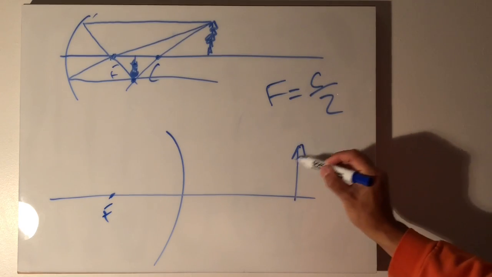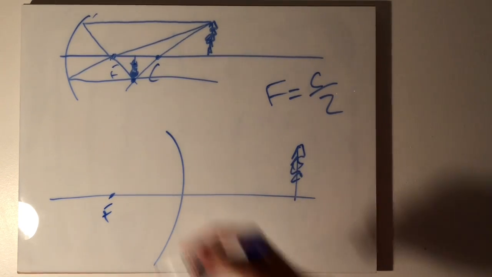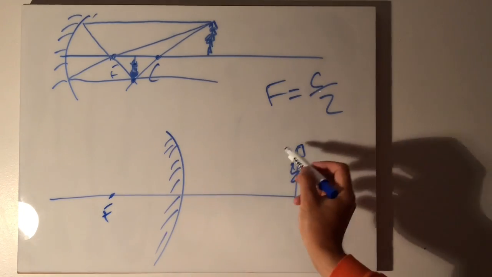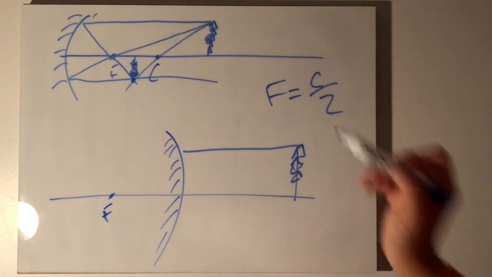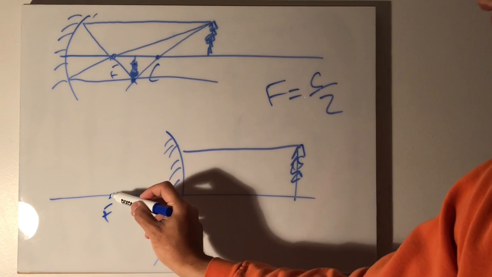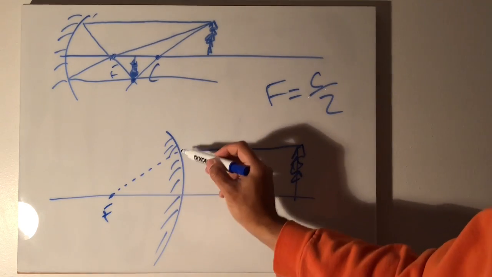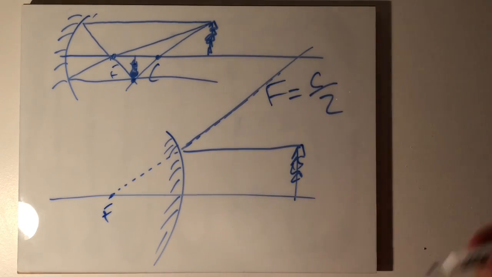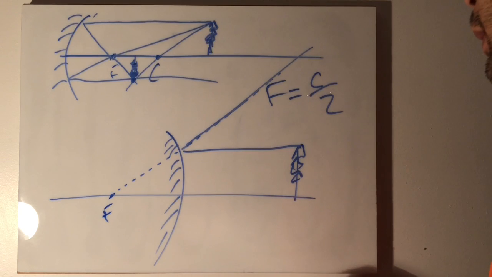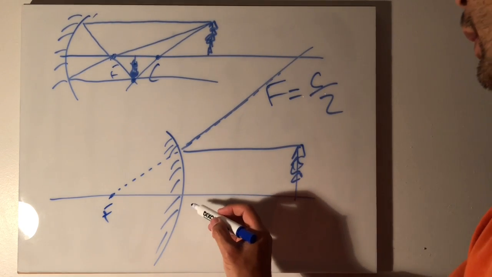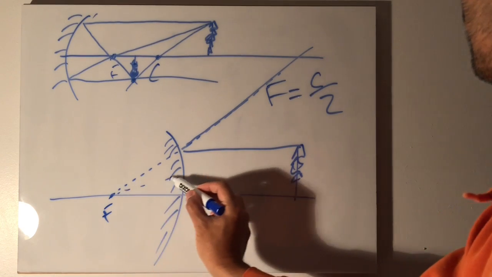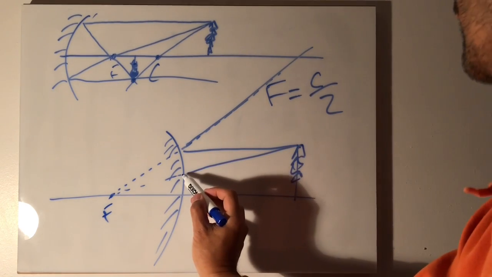Now if the mirror is curved on the other side, same thing. Draw a parallel line in. It doesn't go through the mirror, so we draw a fictitious reflection, because that kind of mirror will reflect light out. Then we draw a line through the focal point, and it comes back parallel.